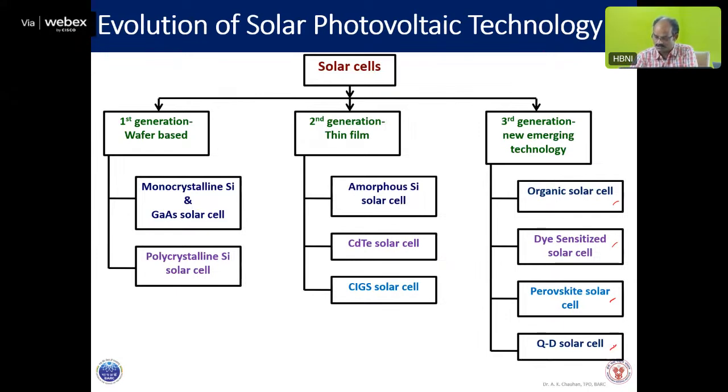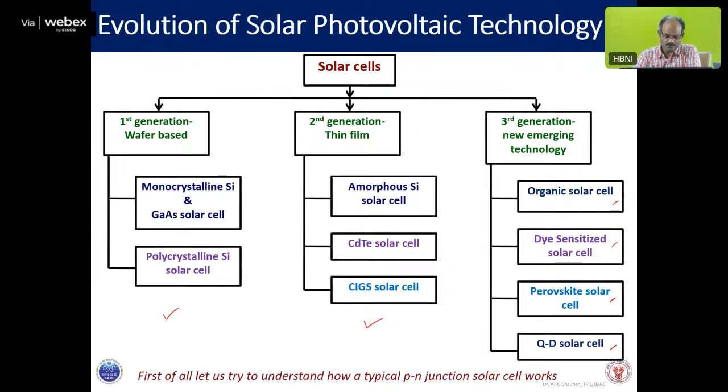These are still in the research period only. Most of the third generation solar cells have not yet been commercialized, but the first generation and second generation solar cells are commercialized, and solar panels are available for both these kinds of solar cells.